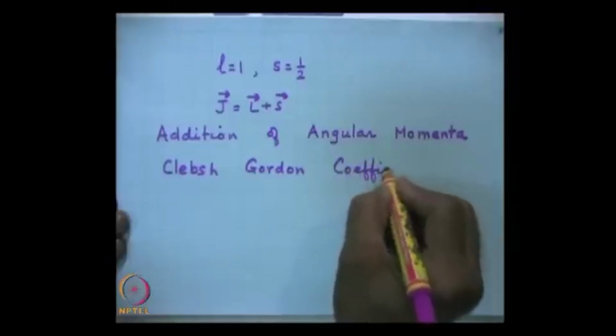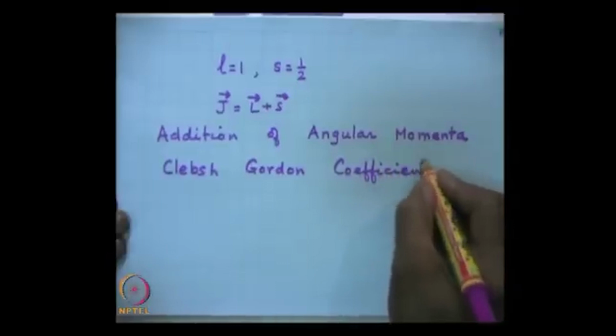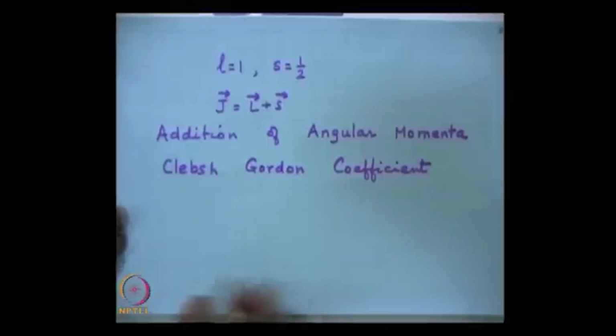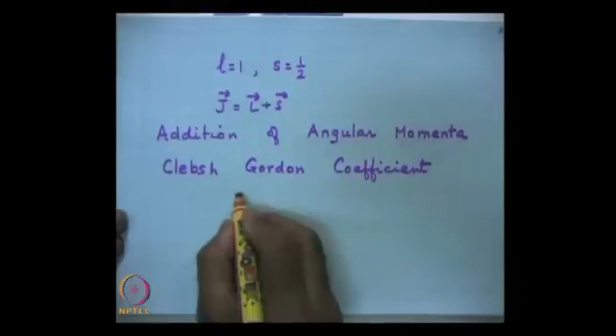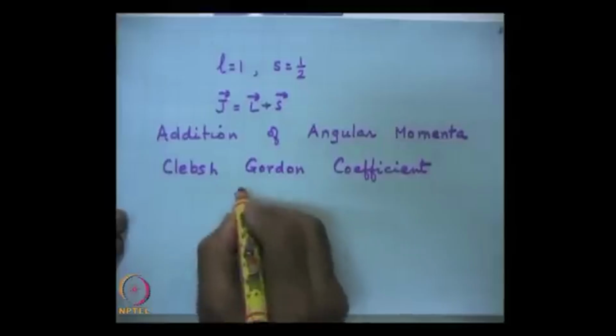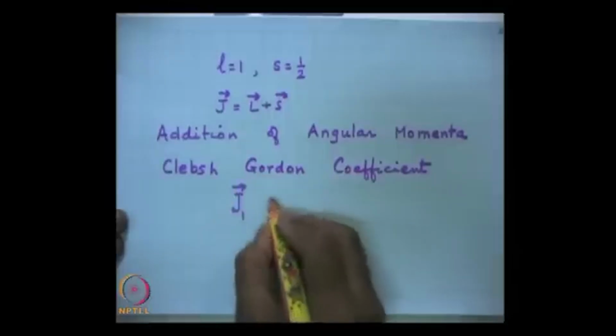These are extremely important in any calculations involving atomic and molecular spectroscopy. So, we consider two angular momentum vectors J1 and J2.